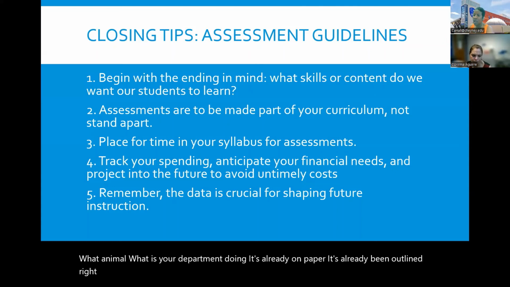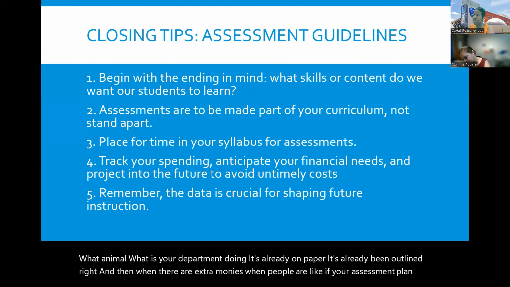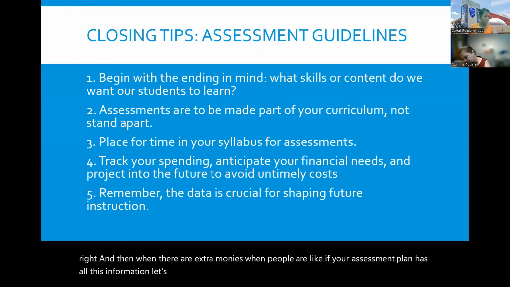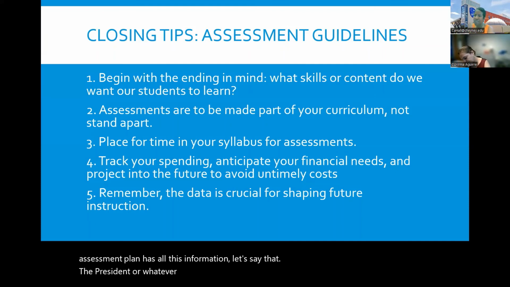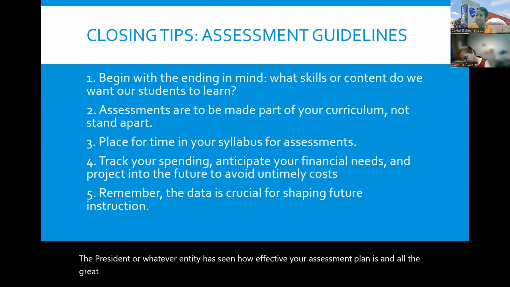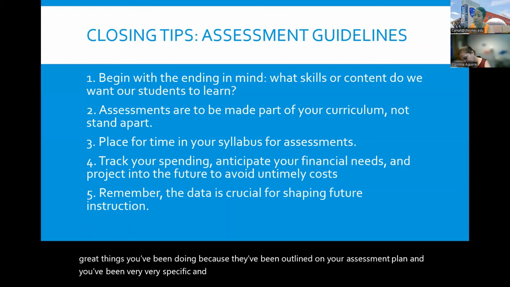And then when there are extra monies, let's say that the president or whatever entity has seen how effective your assessment plan is and all the great things you've been doing because they've been outlined on your assessment plan, and you've been very, very specific and intentional about aligning them with the strategic goals.